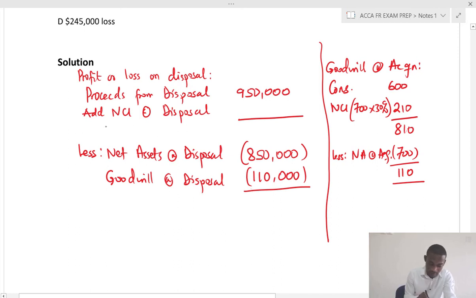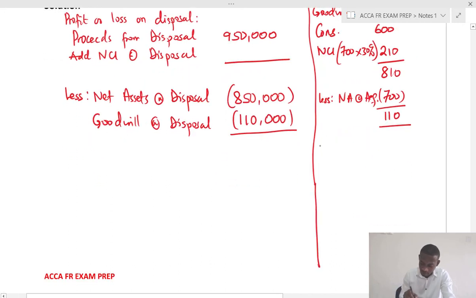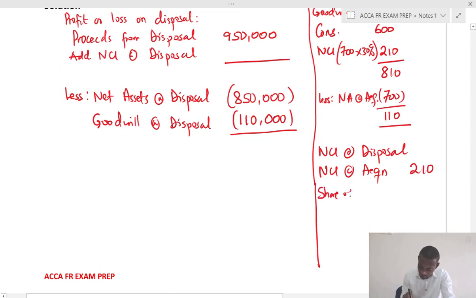Now, the next thing to find is the NCI at disposal. So again, I'll do a very short workings here. NCI at disposal is the NCI at acquisition, which we already have here to be 210. Then we take their share of post acquisition profits, or reserves.